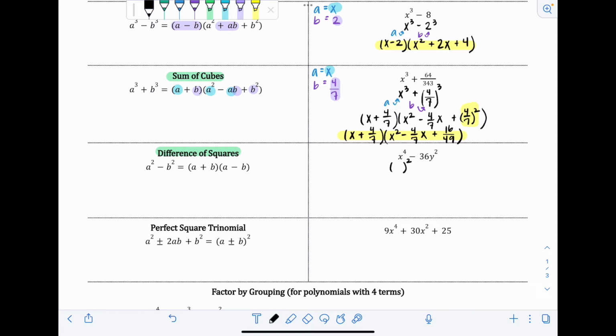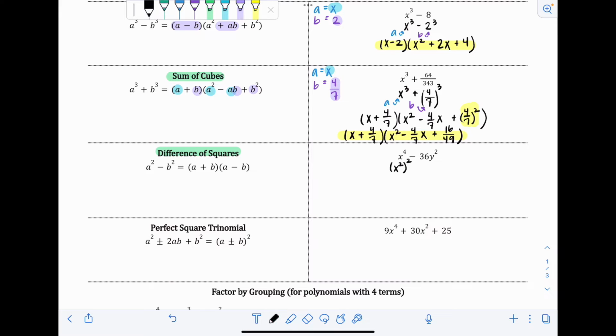So I would rewrite x to the fourth as x squared, squared. I'm going to rewrite it using the power property for exponents, where if you raise an exponent to another, you multiply them. So x to the fourth and x squared squared are the same value. Now I can just see what's being squared to get there.